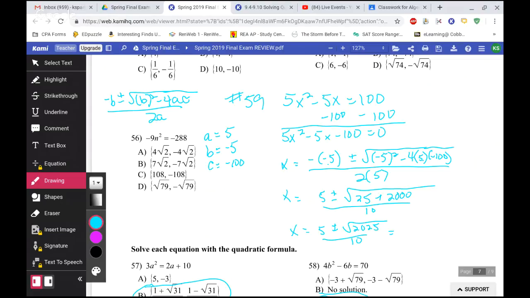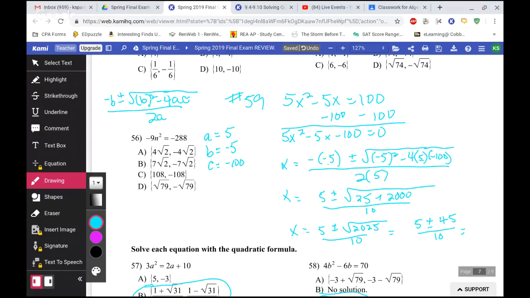And just like Sam said, this is a perfect square. So 5 plus or minus the square root of 2025 is 25? It's 45. 45. I was like, that's only 625. 45 over 10.